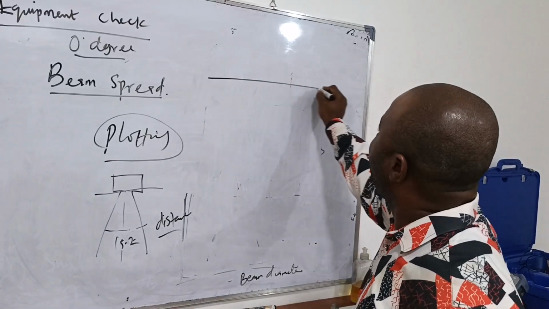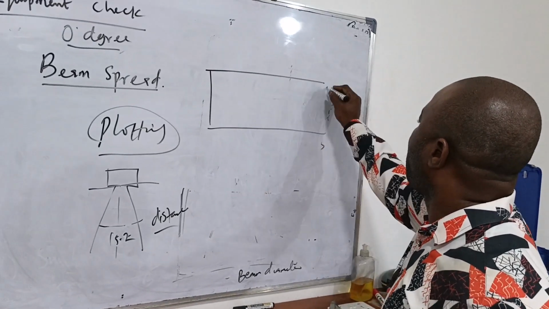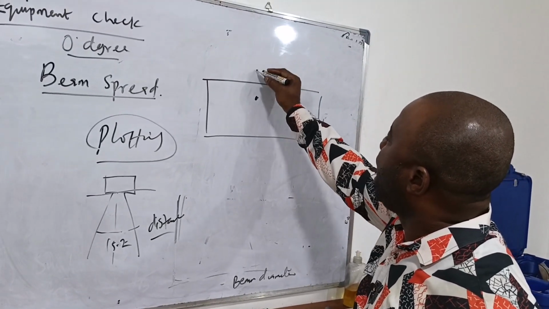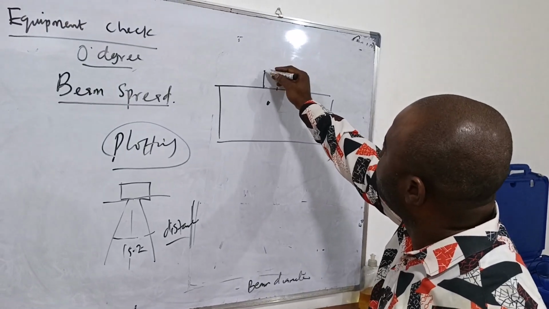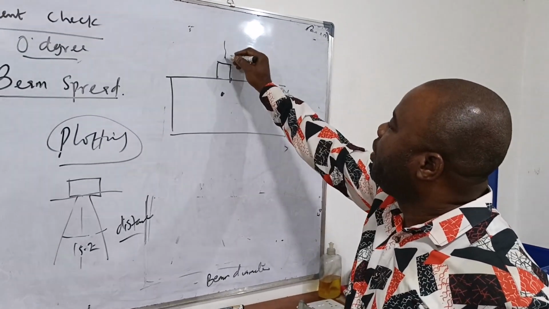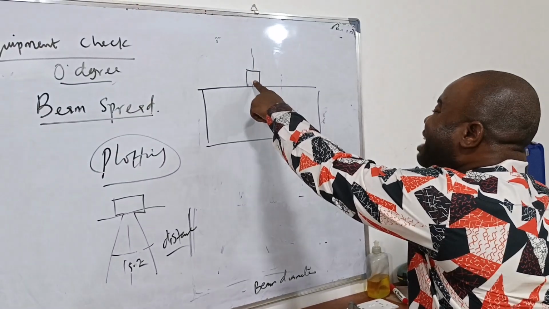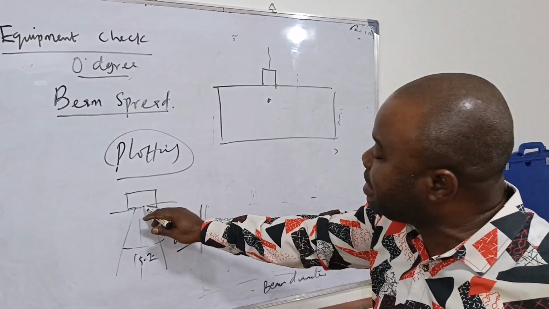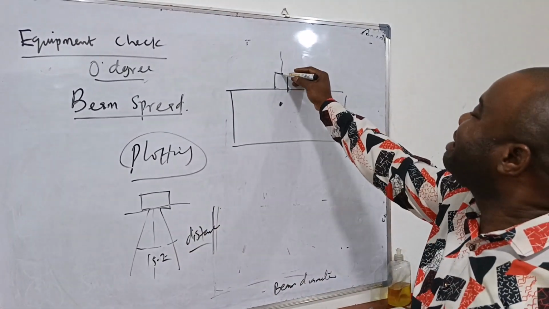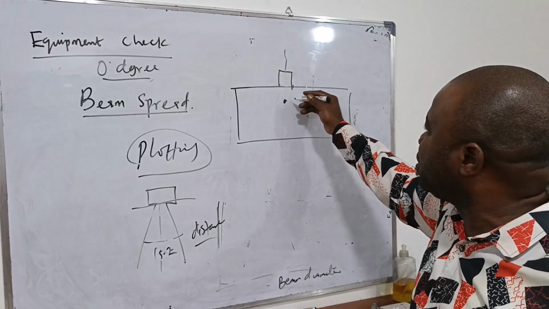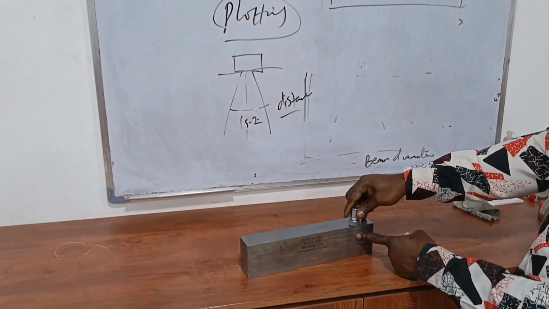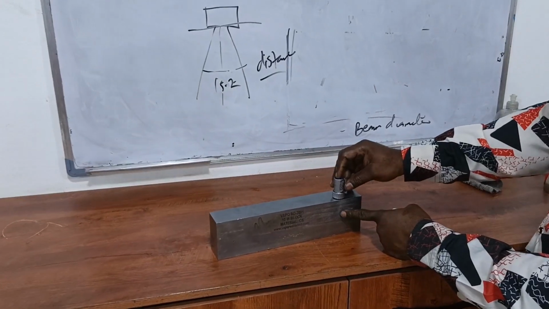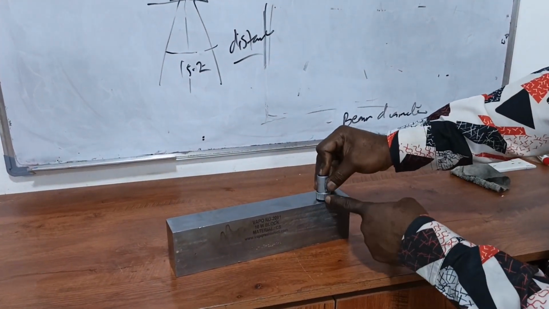If I have a side drill hole and I put my probe, when the probe is at the center, we normally say the intensity of the beam at the center is at the highest. Say this is my hole and this is my probe.